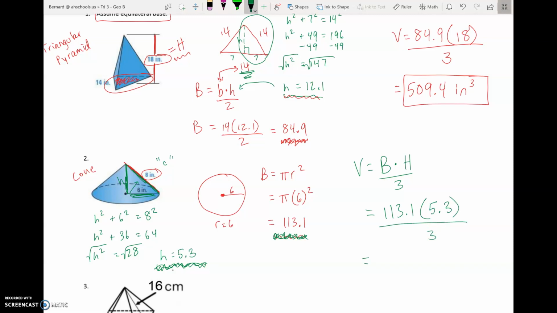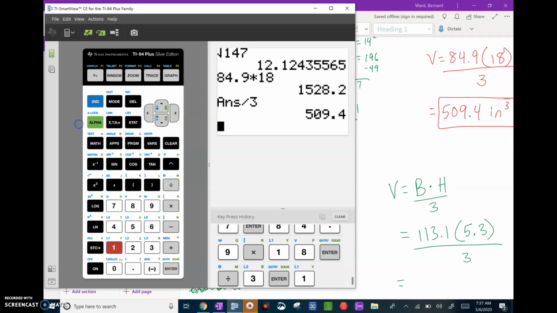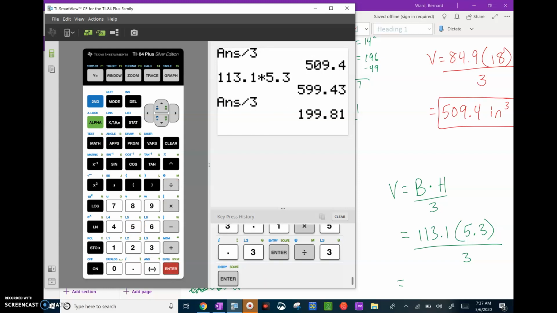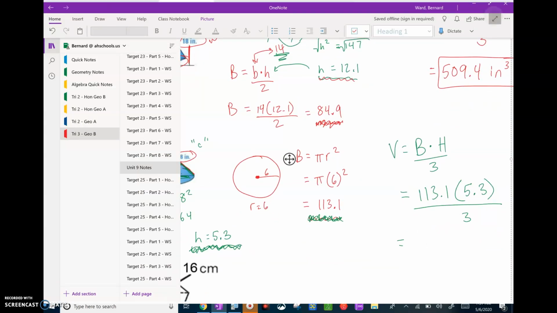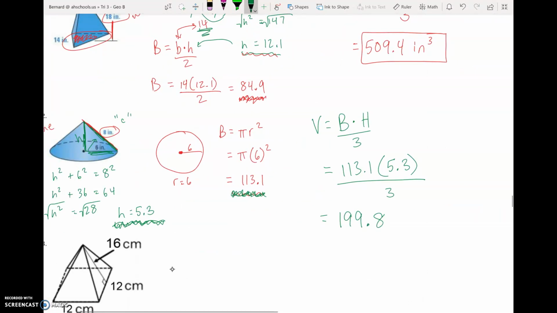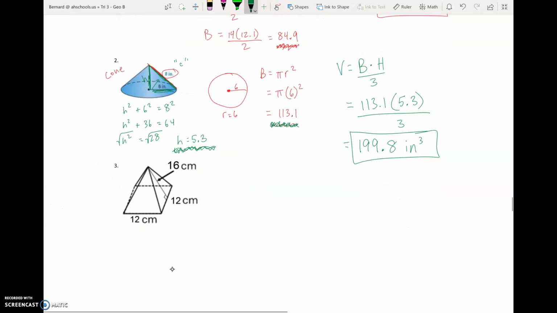And so our final answer, I'll go type it in with you, 113.1 times 5.3 equals, and then divide by 3, and we get 199.8. And let's look at the units. They are inches, not inches, inches to the third power, inches cubed. There we go. All right, let's keep it up.